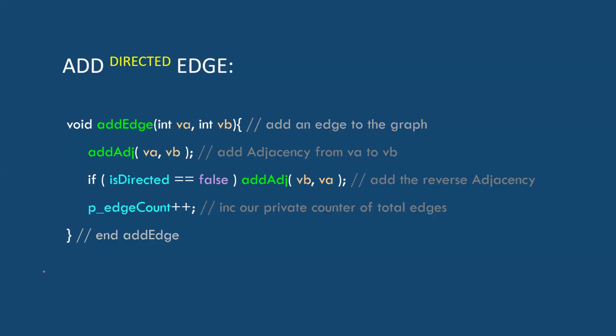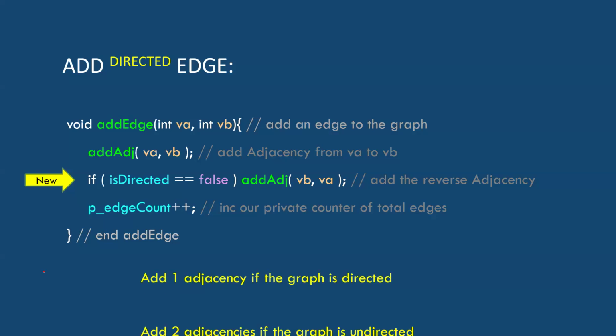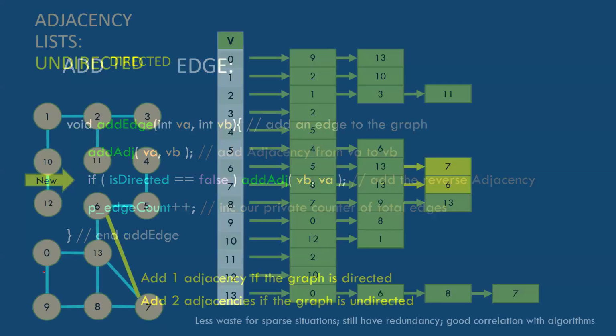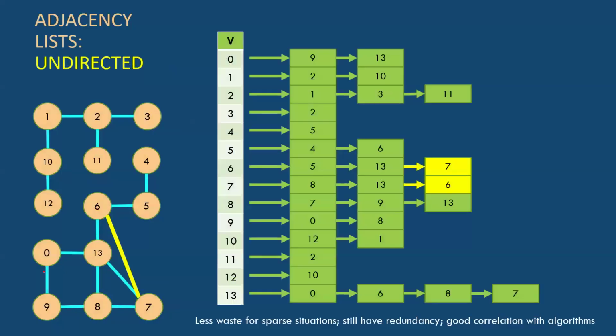But that's it. That is really all we need to do with our graph class for it to work for our directed graphs, right? Just adding one adjacency for our directed. So when we were doing undirected, we had a very full graph here like this, right? So for each edge, 1 to 2, right? 1 to 2, right?